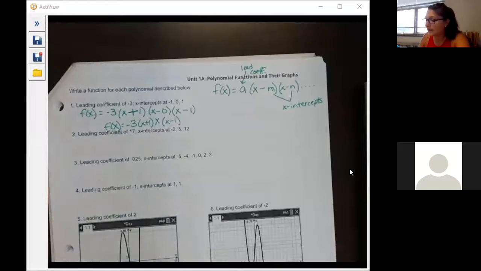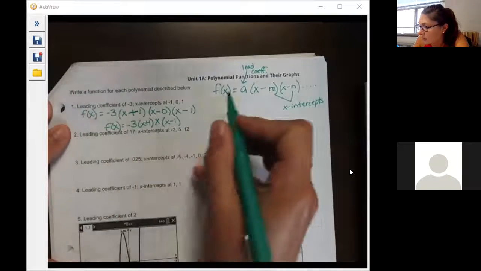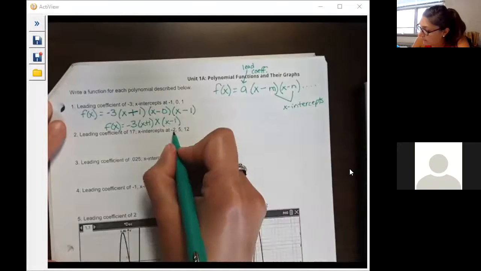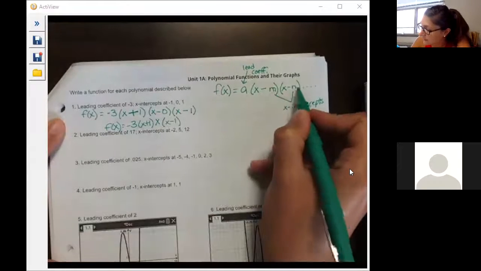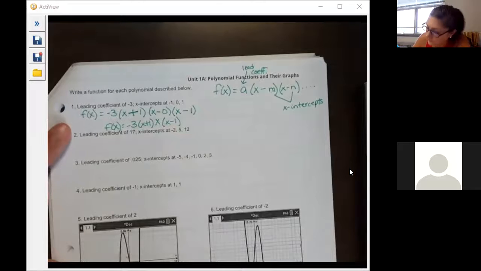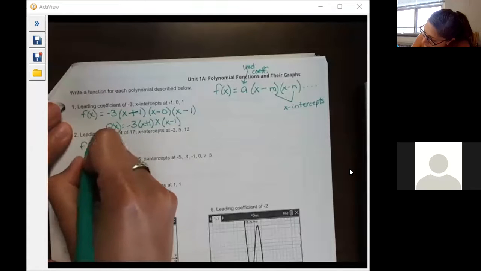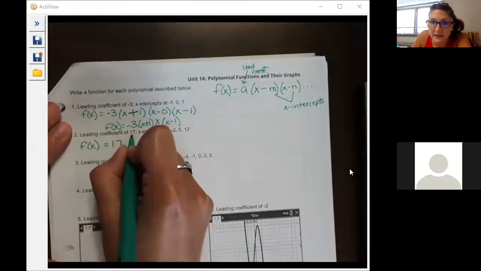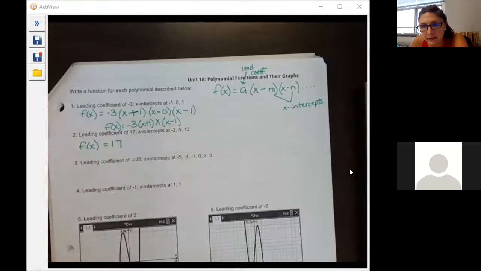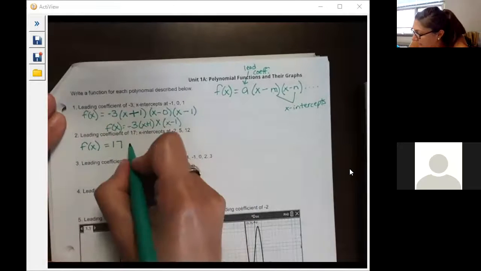So on our next function, same idea. Lead coefficient, I'll put in front, and then I'll fill in my x-intercepts in those parentheses with x. So I would have here for number 2, f of x equals 17. That's my lead coefficient, so that goes in front, again, with the line leader.